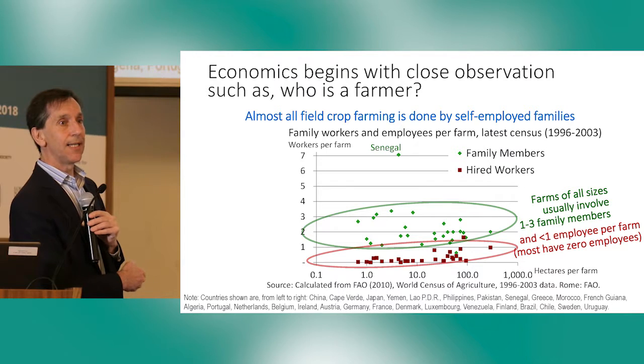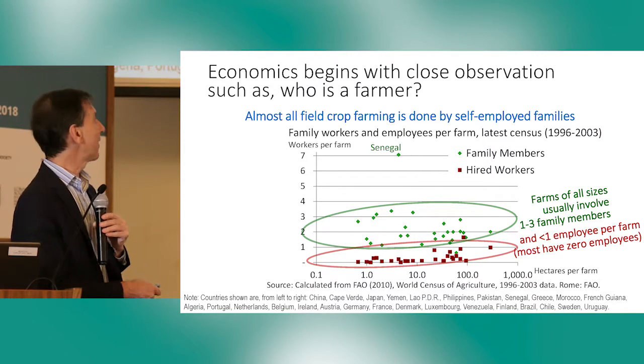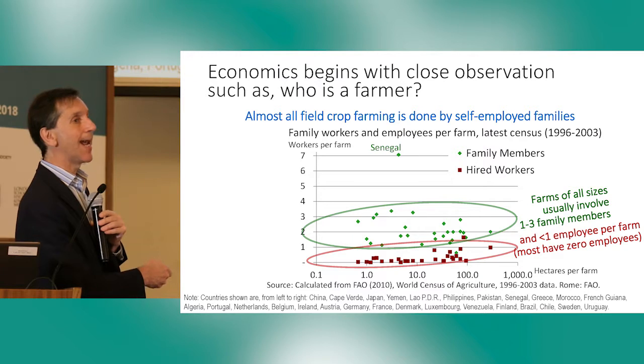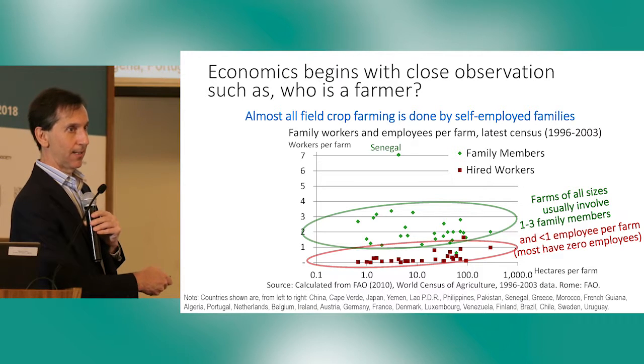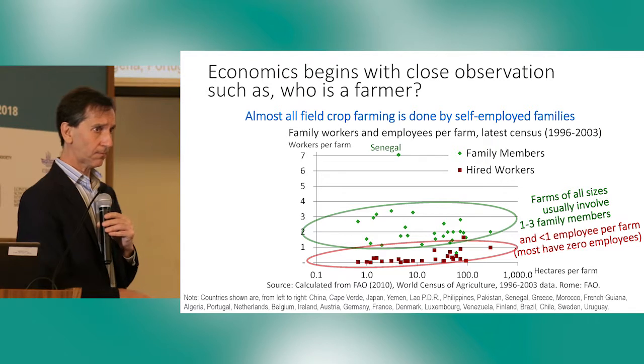What I've done is to put on the x-axis the acreage, or hectares, the area of that farm, in a log scale. So this is multiplying times 10 every time, and the reason for that is that farms vary in size hugely, from the tiniest farms that are half a hectare or so down here, to the largest that are several hundred.